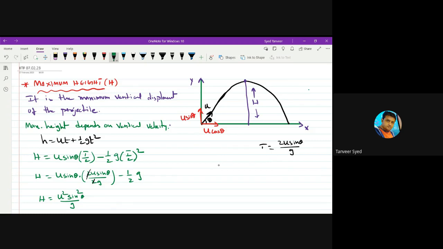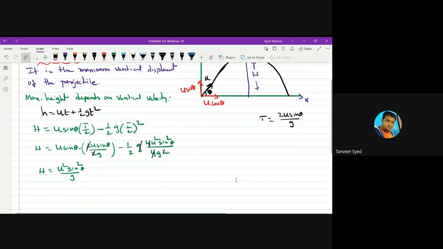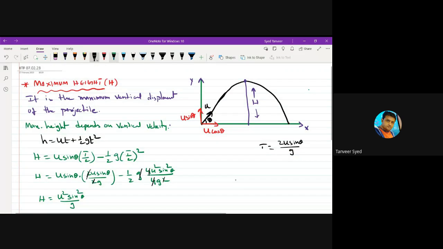That means 4u square sin square theta by 4g square. Now cancellations. This 2 will be as it is. 4 cancelled. And you have here minus 1 by 2 u square sin square theta by g.